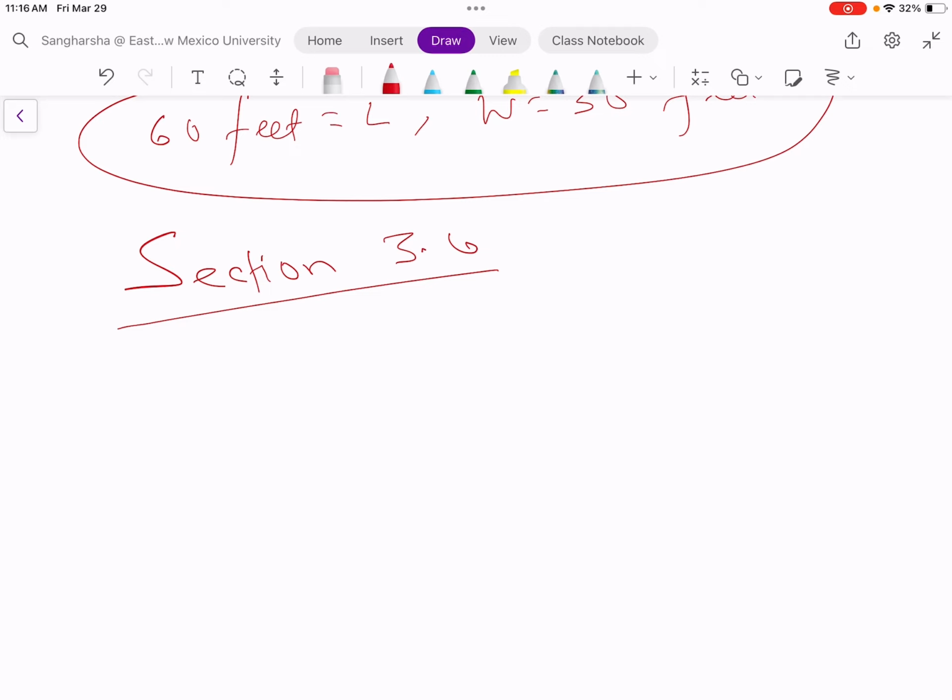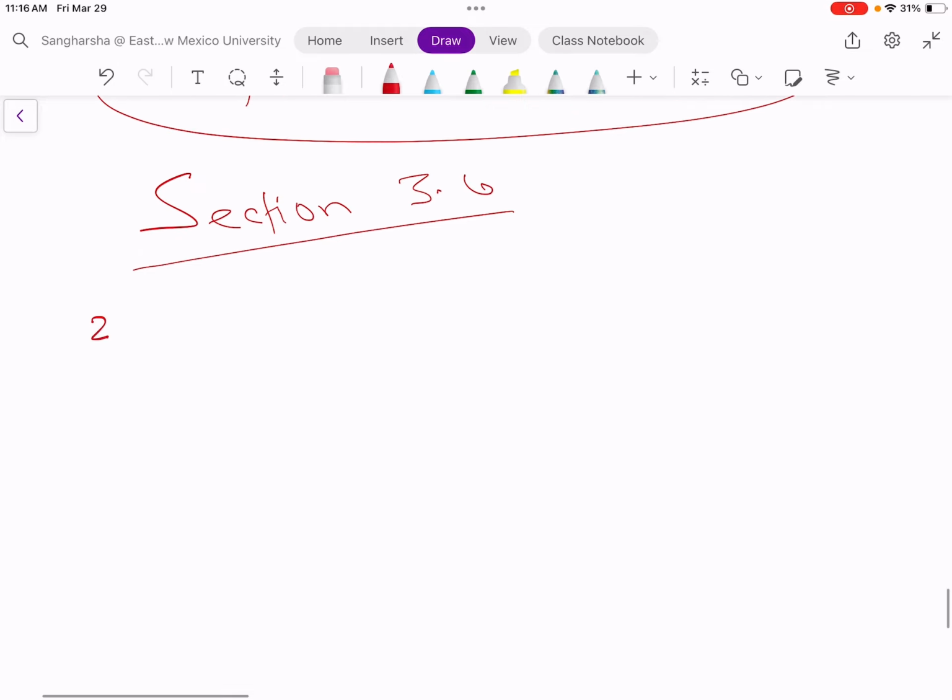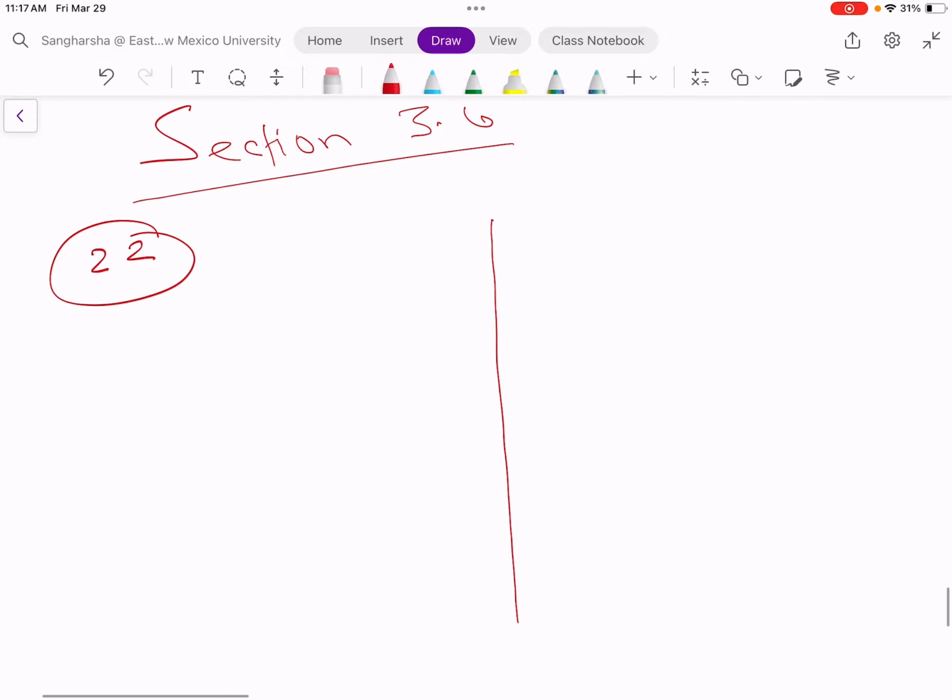For this, we do have a review problem from the exercise as well. So let me take an example here. The very first type of question is that you will be given a graph of a rational function. So let me do number 22, where you are given the graph of a rational function.